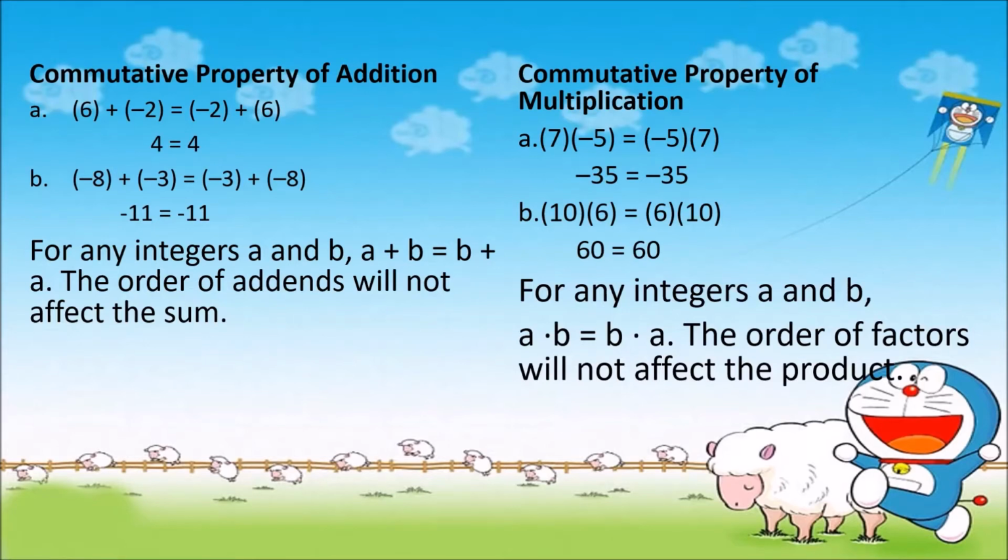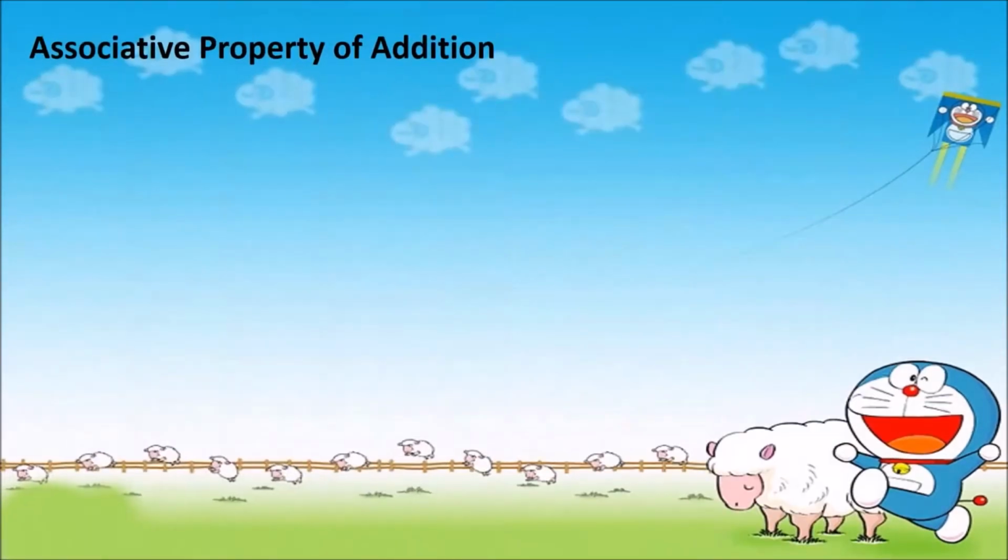Now, another property of integers is associative property of addition. Example, the quantity 3 plus 7 plus negative 4 equals 3 plus the quantity 7 plus negative 4. Ang groupings po na pagsasamahin ay binago pero ang pwesto po ng bawat addends ay hindi po nabago.